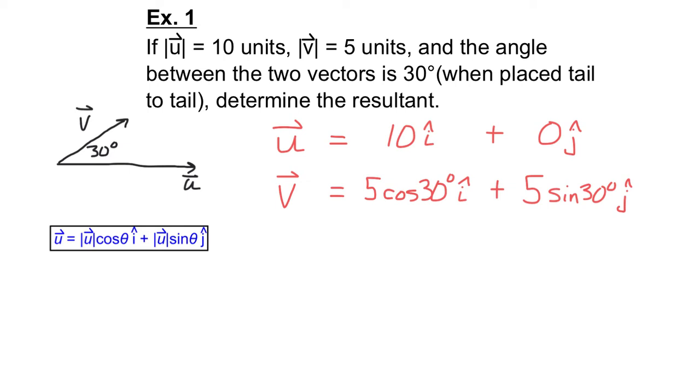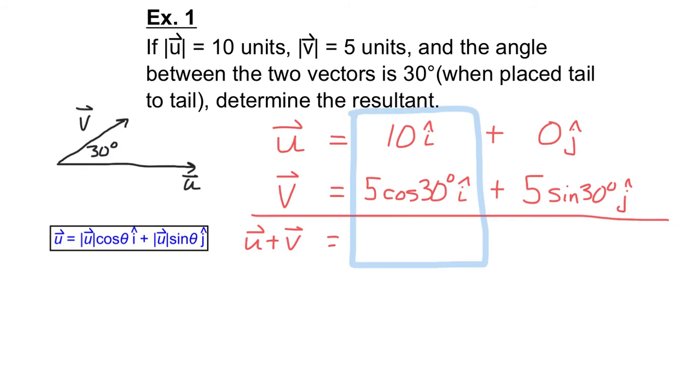Okay, so if I want to find the resultant of u and v, I need to add u and v. So this is how I'm going to do it. I'm just going to add the x components, and then I'm going to add the y components together. And then what's left down here will be the x and y components for my resultant.